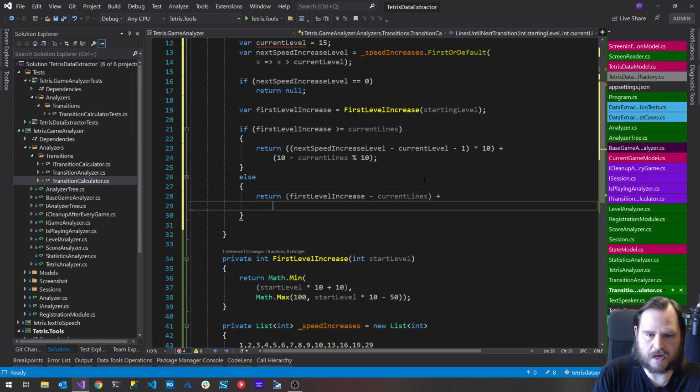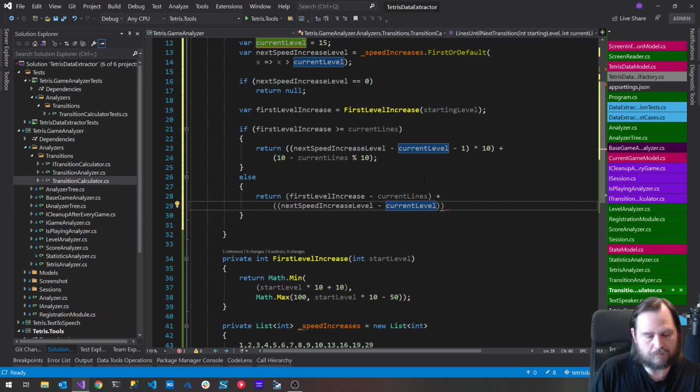And then plus the next speed increase level minus current level, no, minus current level plus 1 minus 1, times 10. And then we don't have to do any mods because that's taken care of in the first one. So I think that's it.